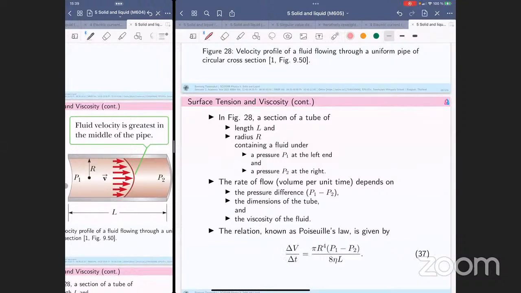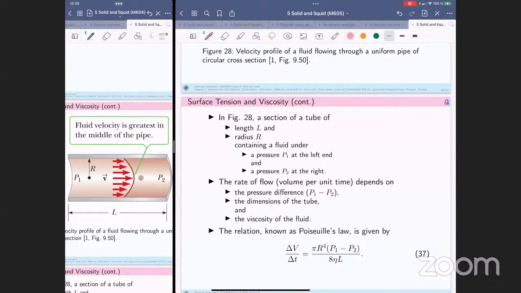If you have bigger pressure difference, the flow rate is going to be also high. And if you have a long pipe, the flow rate will not be good because there is all the time friction, right? The fluid cannot flow well if you have a very long pipe.